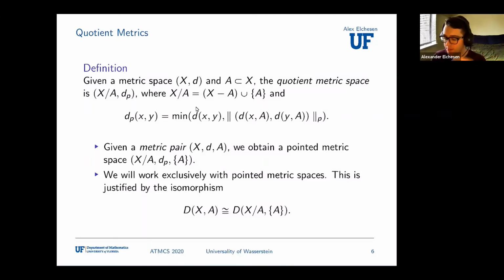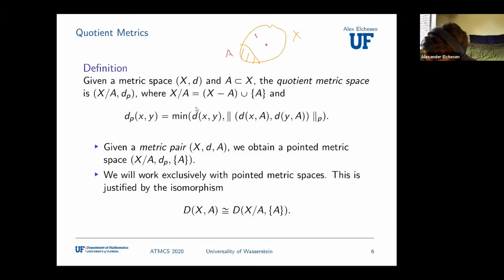And then the metric we define on this is d_p, and the way we do that is, if we have two points x and y in the complement of a, their distance is the minimum of the following two things.